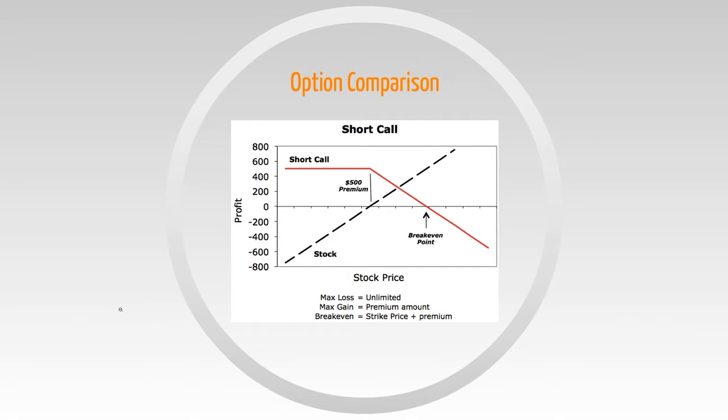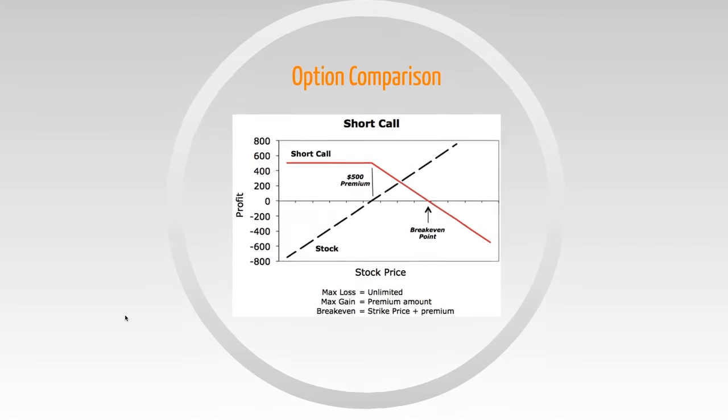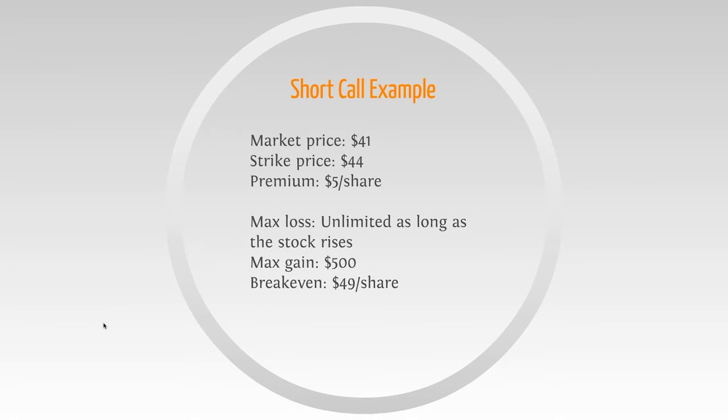Now, this is a very visual way of looking at an option position, which makes our position very clear. Now let's look at the numbers behind this, which is another way of looking at an option position. We have our strike price of $44, and a premium of $5 per share, which represents the $500 we received, since option contracts come in bundles of 100 shares.